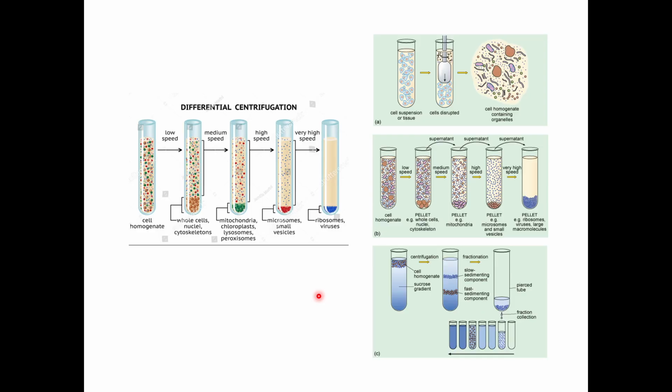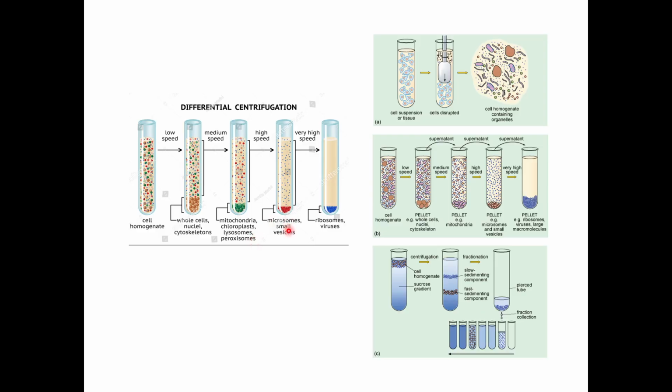So this is how you can use this to separate the different organelles or different cells depending upon their densities. So you have a cell homogenate here. At low speed, when you centrifuge them, you will get whole cells, nuclei, and cytoskeleton in the pellet. Then when you increase the speed much higher, you will get mitochondria, chloroplasts, lysosomes, peroxisomes in the pellet.